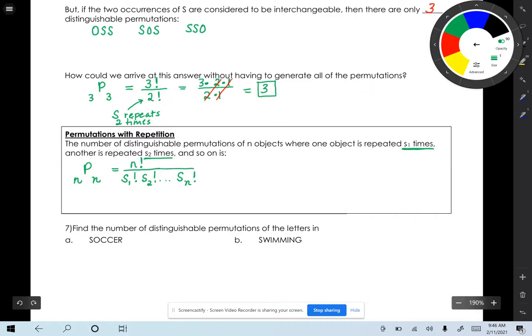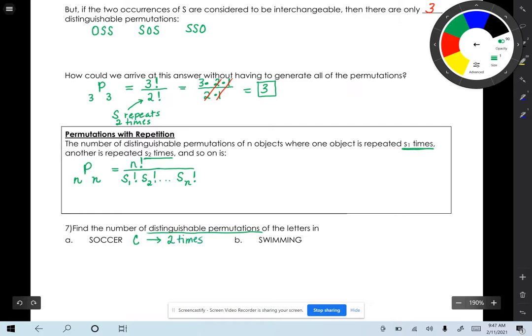All right, so let's do some examples so that you know how to do distinguishable permutations. Find the number of distinguishable permutations of the letters in the word soccer. So look at the word soccer. C is the letter that we're concerned with, so that repeats 2 times.